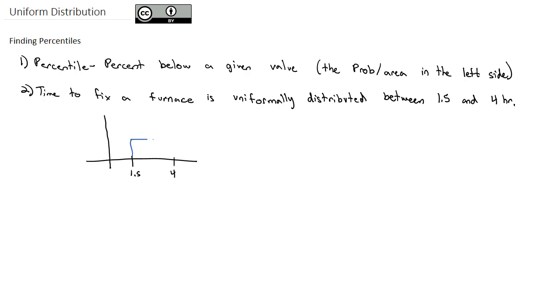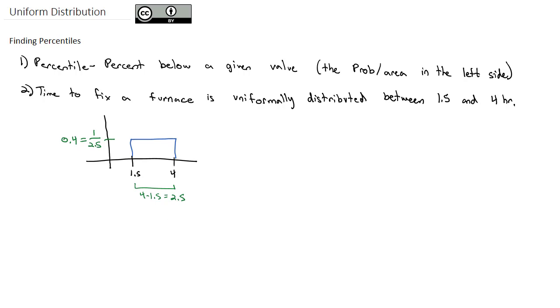We know it's a rectangle because it's a uniform distribution. Everything has an equal height. And we found out by subtracting 4 minus 1.5 to get 2.5. The height is 1 divided by that, 1 divided by 2.5, which gives us 0.4. We saw all that in the previous video.